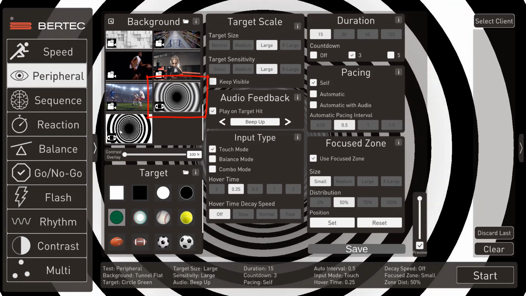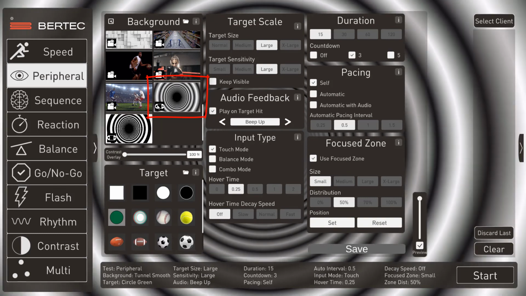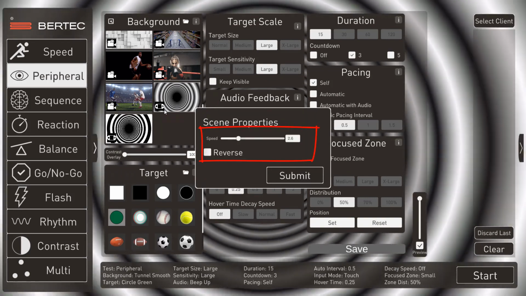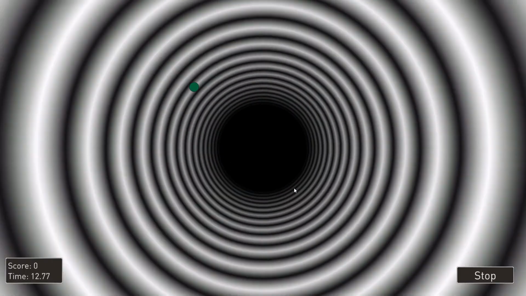Another variable is to use sine waves for the lines instead of square waves. This tends to soften the borders and reduce the vision motion sensitivity effect. Here we're moving at 3.5, which is pretty tough.